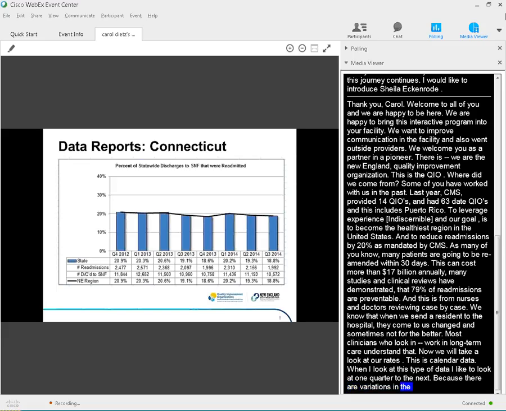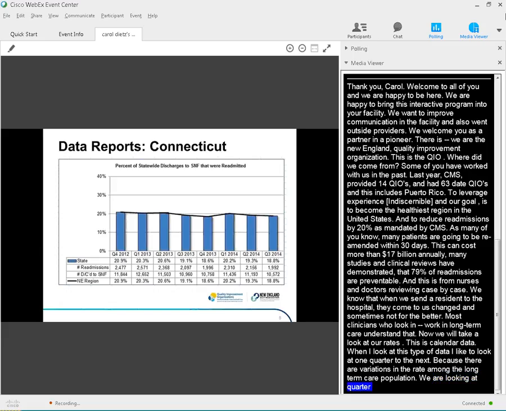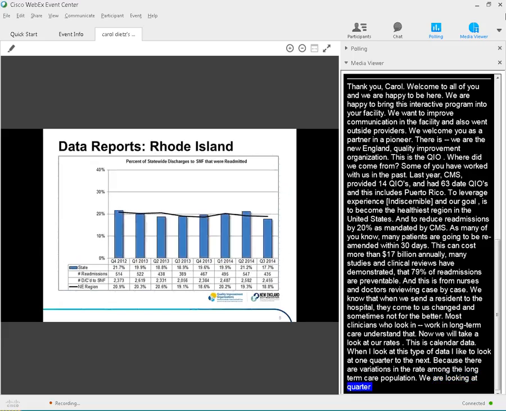So here's Connecticut. We're looking at quarter 3, 2014, the most recent data we have. Quarter 3, 2013, we were at 19.1%, now at 18.8%.